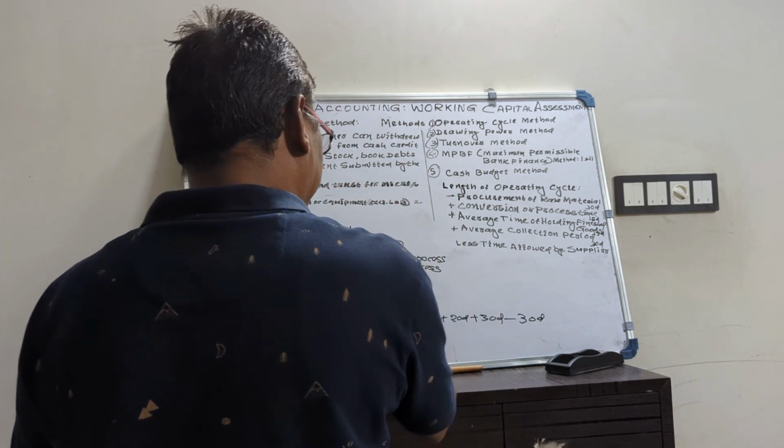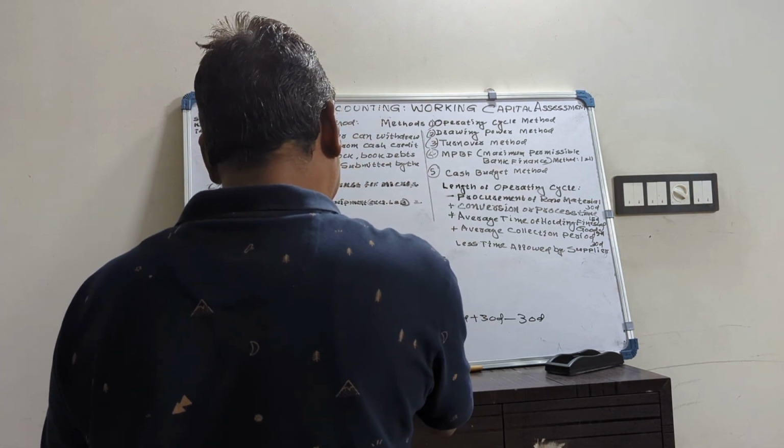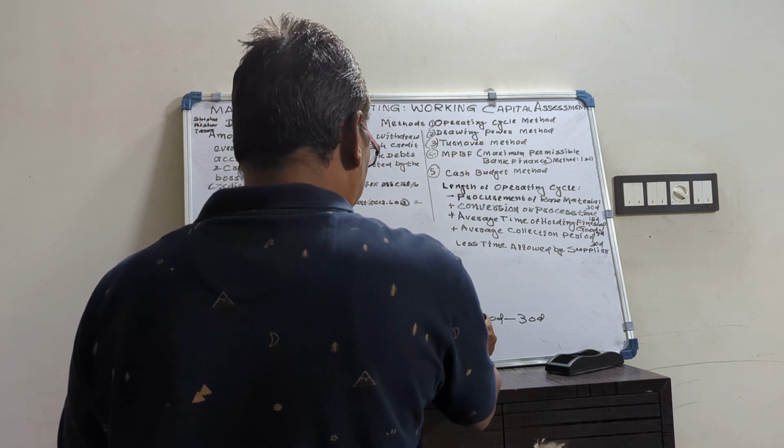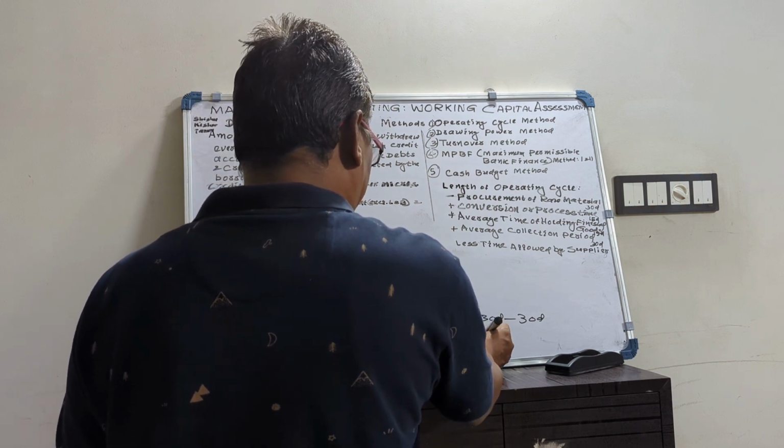So total is 90 days minus 30 days, so it is 60 days. So 60 days is the operating cycle.